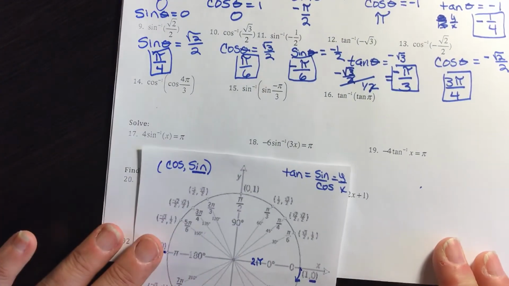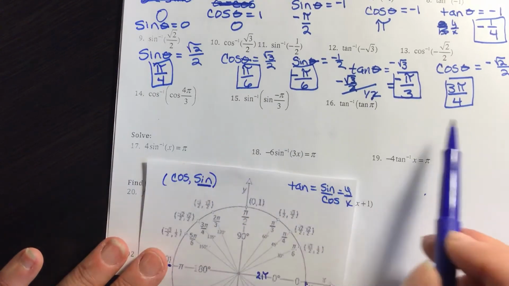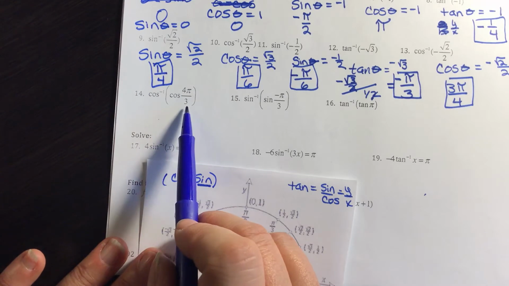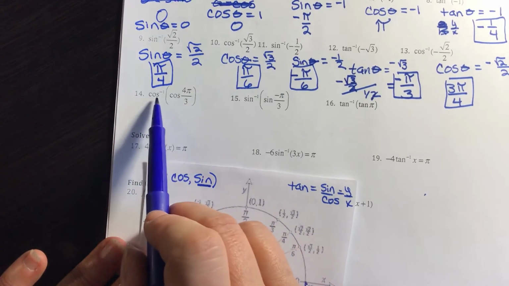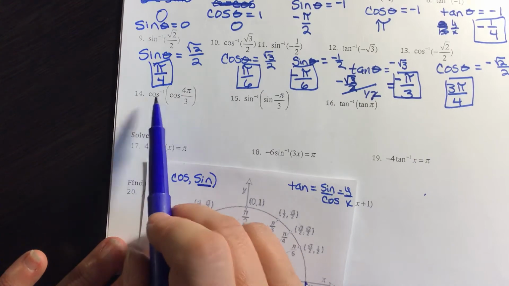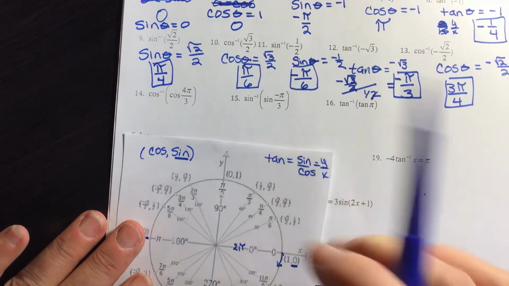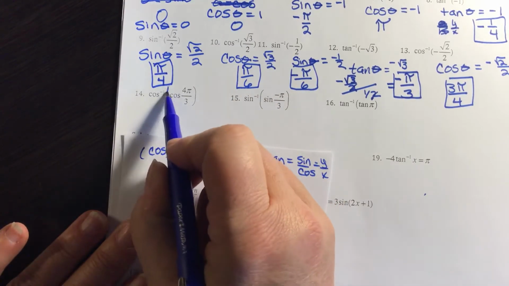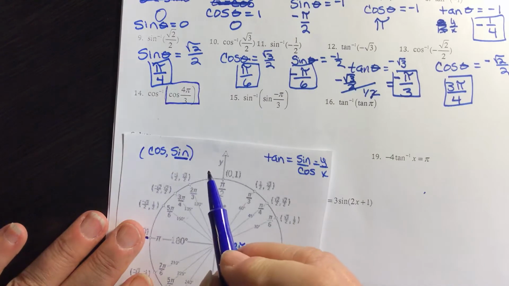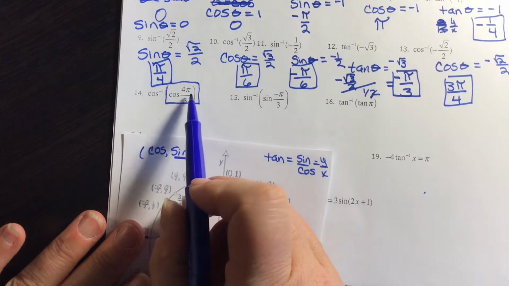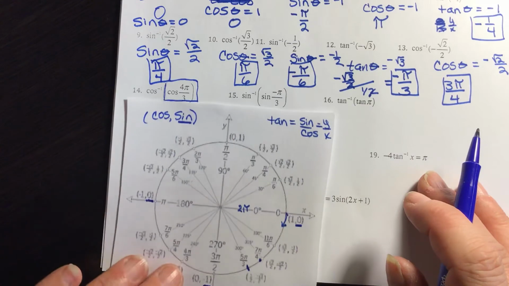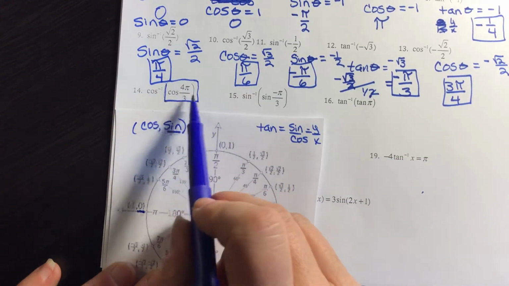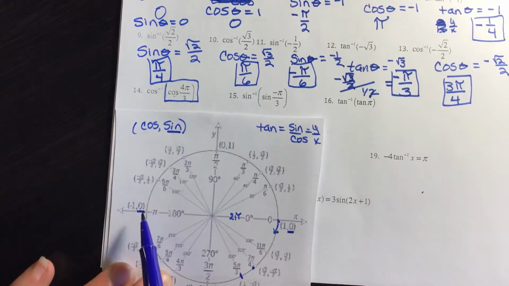Number 14, now we're looking for, same type of thing here, cosine of 4 pi over 3. And we have the inverse cosine of that. So this actually here is my angle, or actually we can just look at the angle of 4 pi over 3 and find the cosine of that.